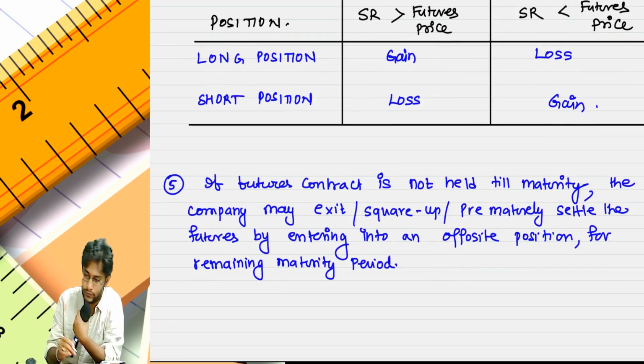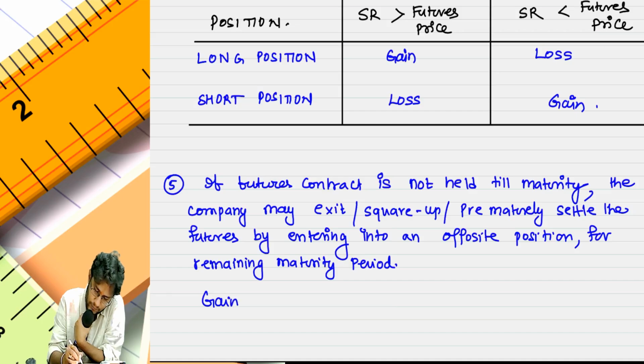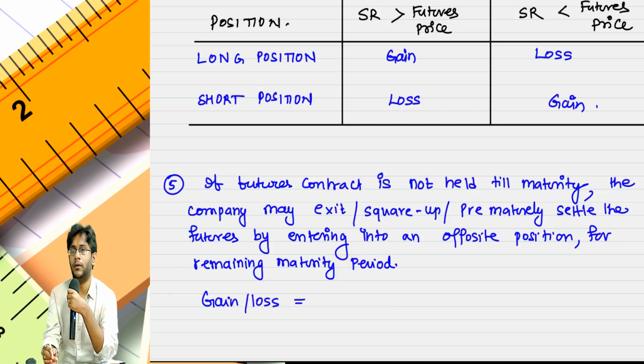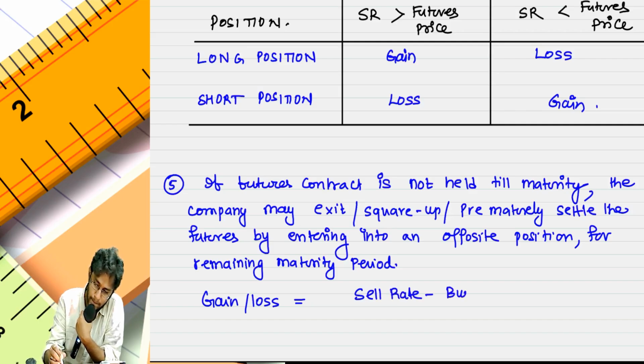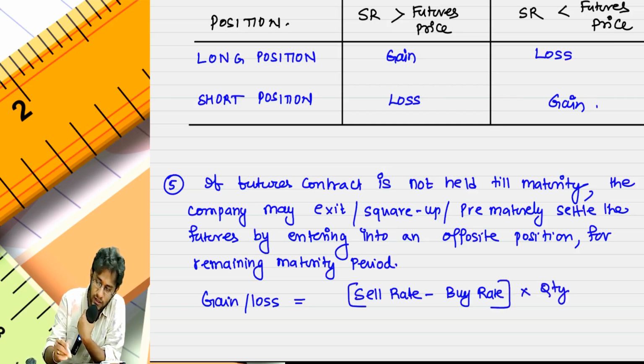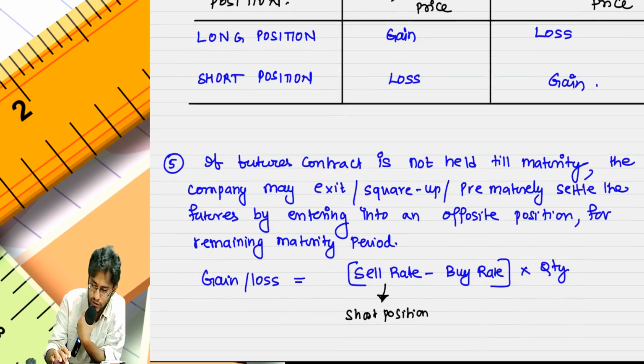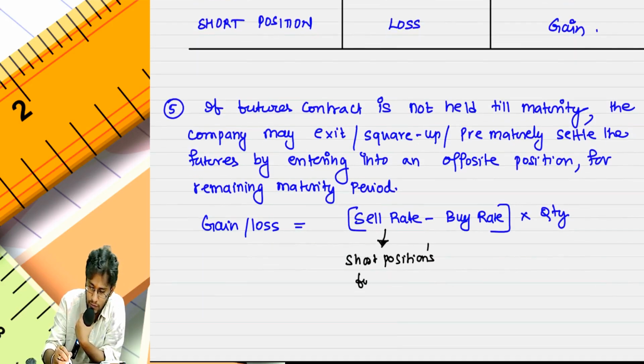Sir, if you do this, what will be the gain or loss? Premature settlement: sell rate minus buy rate. Sell rate means the short position's futures price.